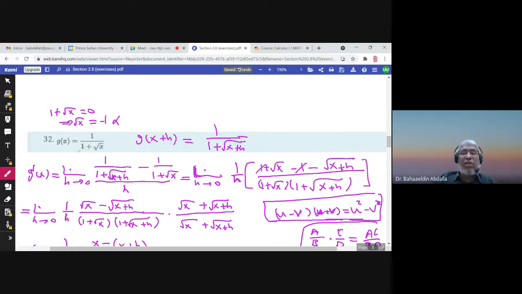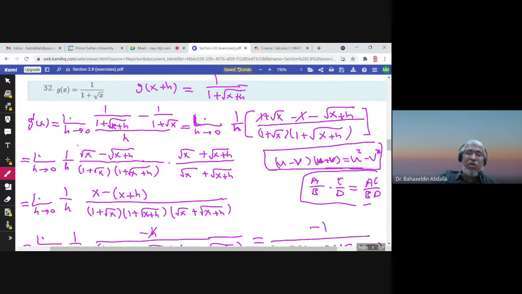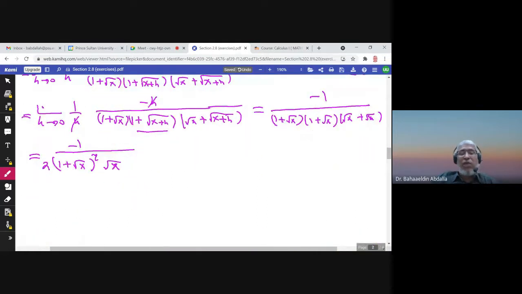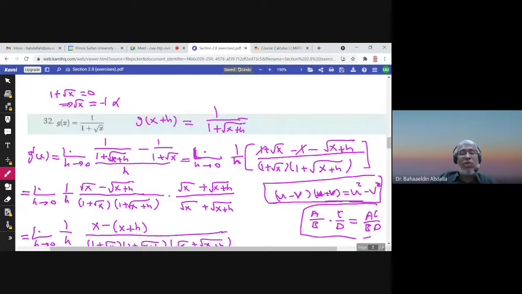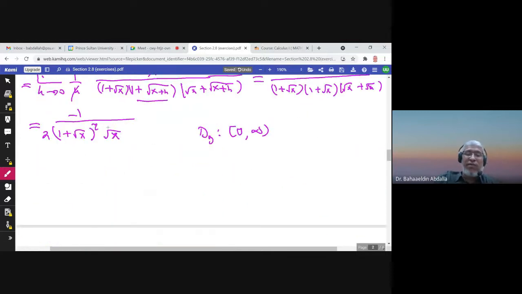So we can say that the domain of g consists of all real numbers from 0 to infinity, including 0. If you put x as 0, you get 1. You cannot choose negative numbers because square root of x will not be defined.